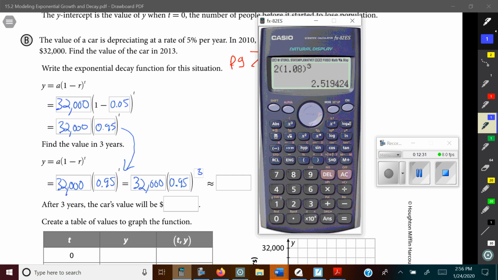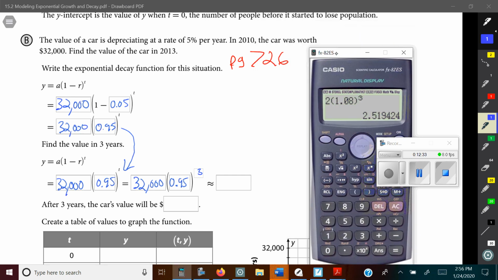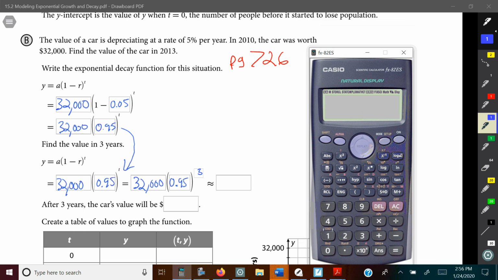Now if we take that and type it into the calculator, clear this out, and say 32,000 times parentheses 0.95, close parentheses, and then raise it to the third.